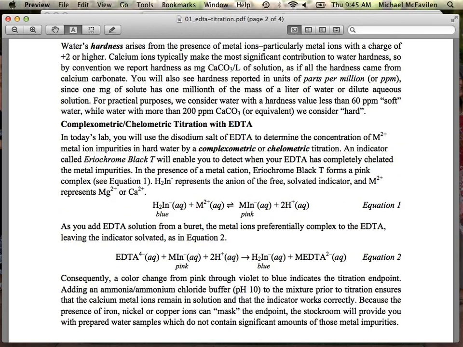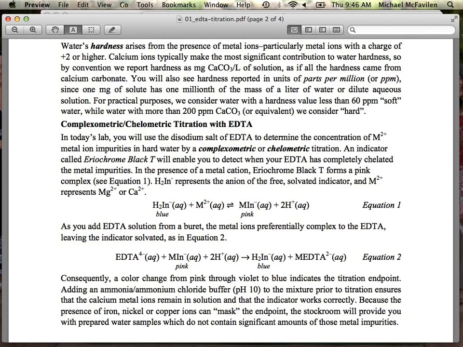Okay, someone brought up the ammonia issue. Ammonia acts as a weak base, and in this case we're going to add ammonia and ammonium. Ammonium acts as a weak acid. Those two are going to balance out the concentration of H+. So the H+ concentration stays relatively the same throughout the course of the reaction. Why do we care about the concentration of H+? It shows up in the reaction.